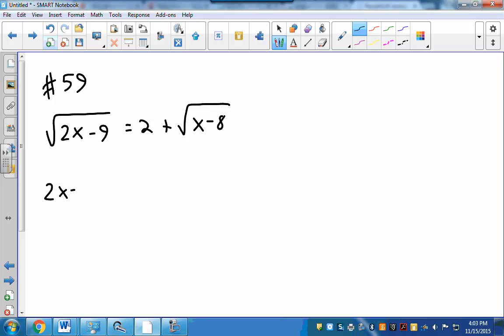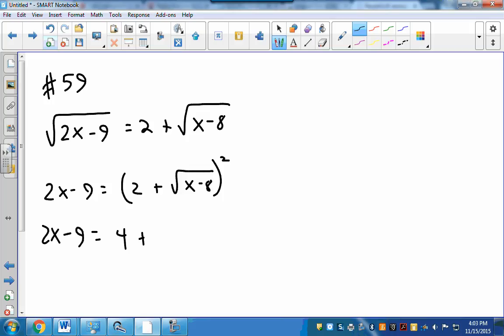2x minus 9. And on the right side, I'm going to have to square the binomial. 2 plus the radical x minus 8. Okay, so 2x minus 9, squaring a binomial, square the first, multiply the 2 together and double it, x minus 8, and then square the last, which is x minus 8.